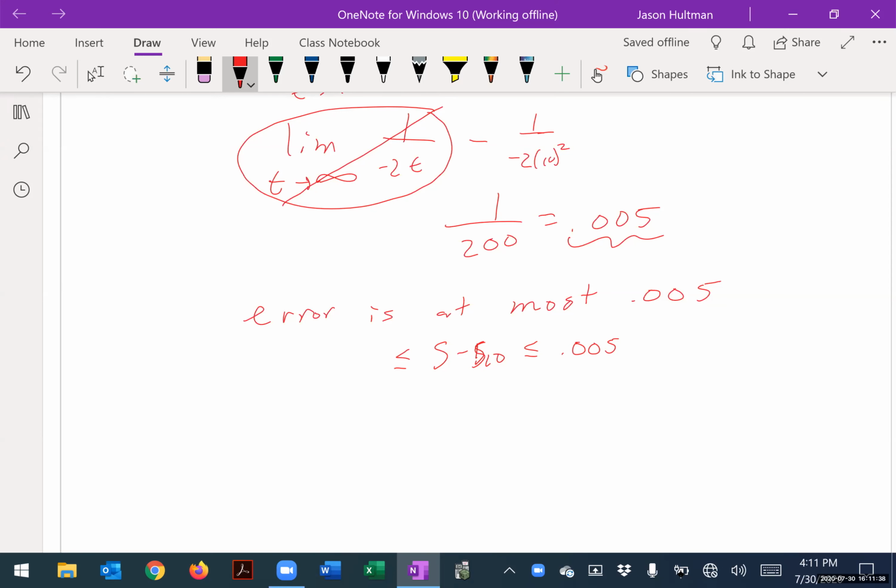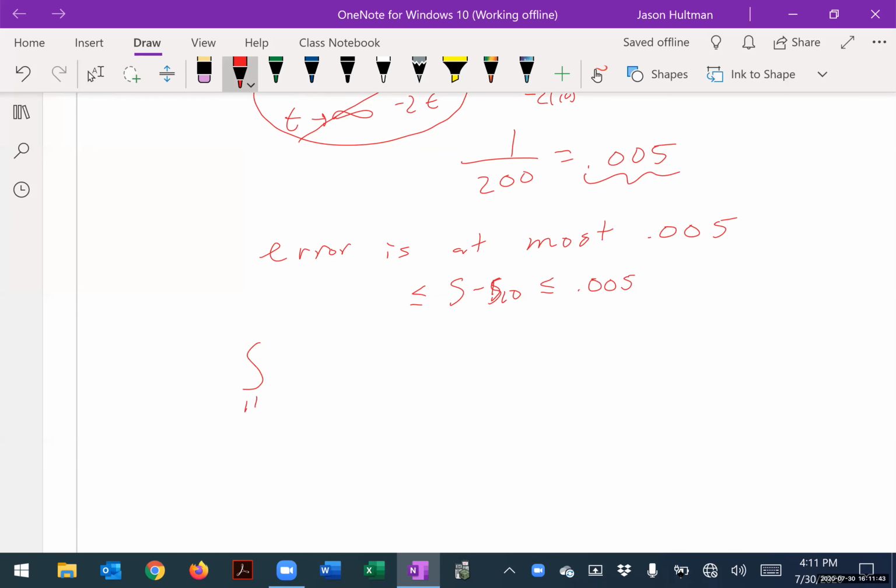We could find a lower bound for the error too if we really wanted to. We would just have to change this to 11 instead of 10, and we'd do the exact same thing, and that would give us 1 over 2 times 11 squared. So similarly, we would get this thing, the integral of 1 over x cubed dx, which becomes 1 over 2 times 121, which is 242.